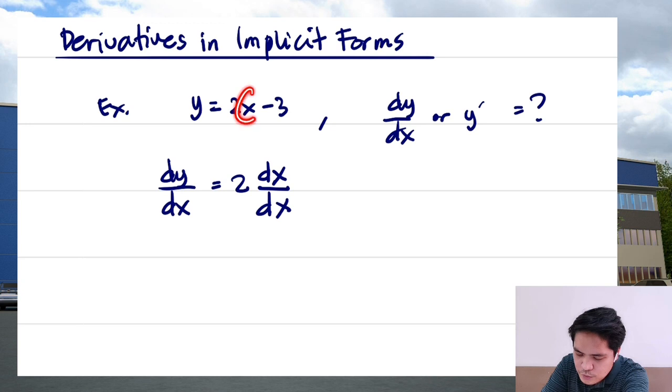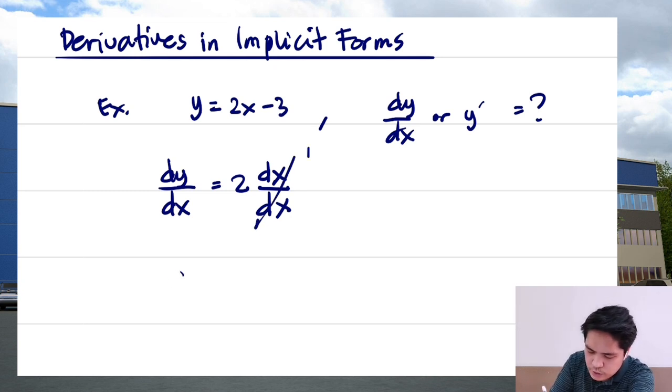We know that the derivative of x with respect to x is just 1, right? And the derivative of 3 is 0. So therefore, dy over dx is equal to 2.